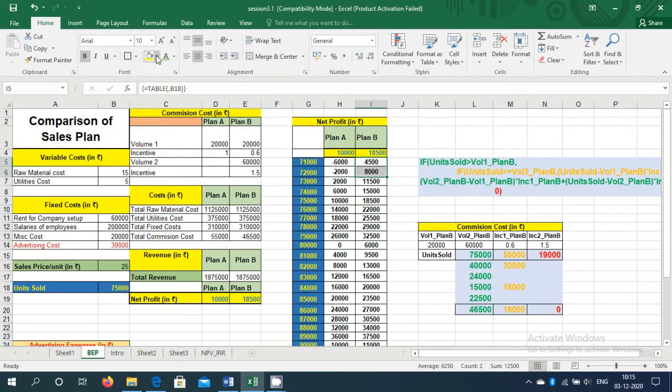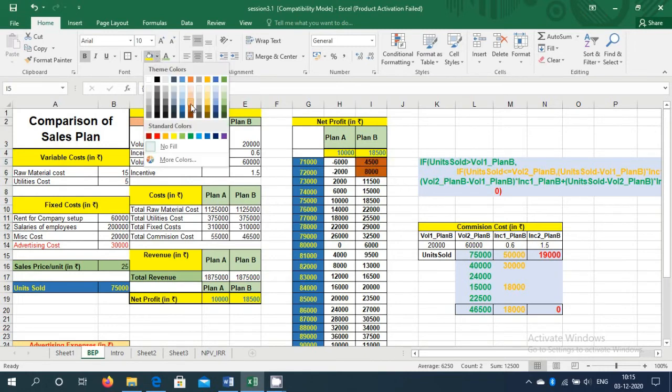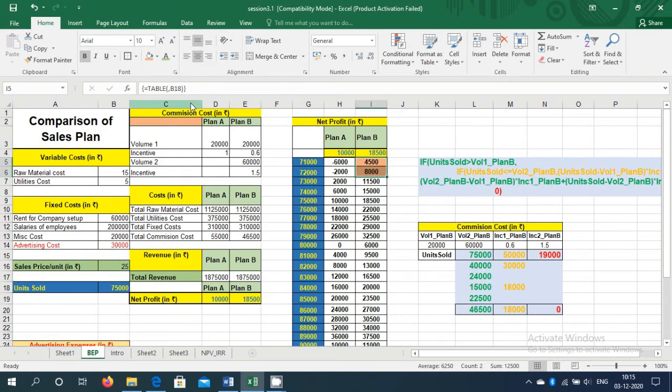Over here also plan B is better, plan B better over here, plan B also better over here. All the time we're finding that plan B is better.